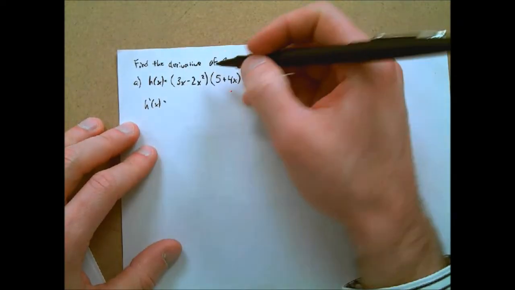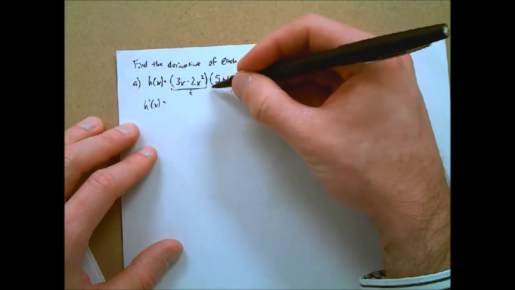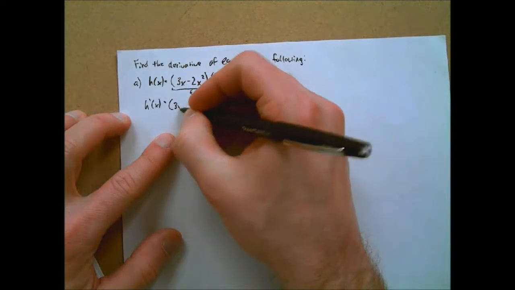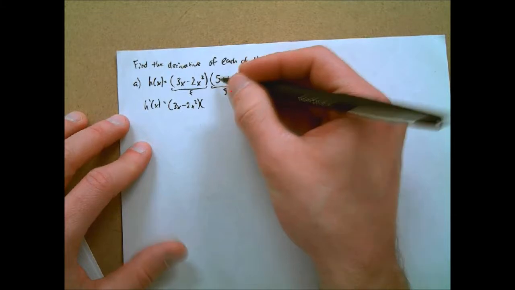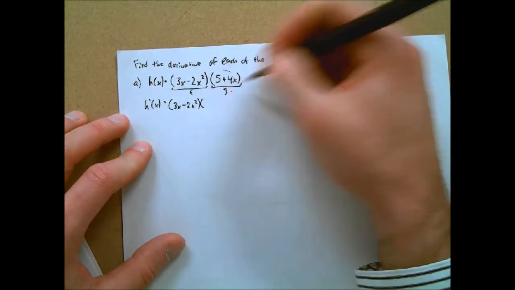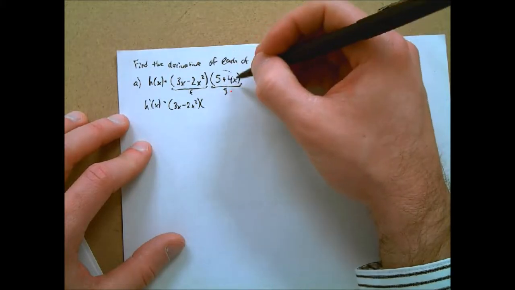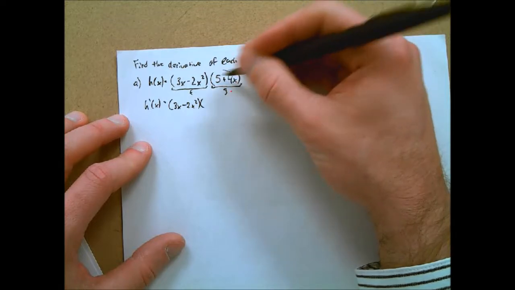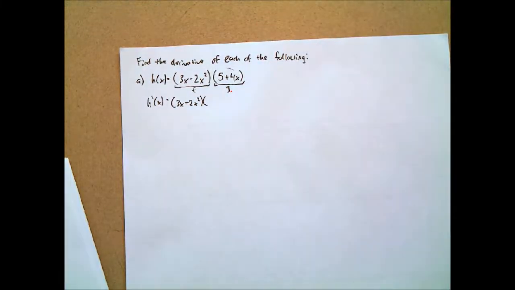So f in this case is this whole binomial right there, and this whole binomial right here is going to be our g function. So it'll be f, which doesn't change, 3x minus 2x squared, times g prime. And what is the derivative of g going to be here? What's the derivative of 5 plus 4x, folks?